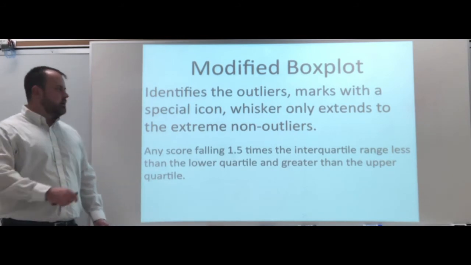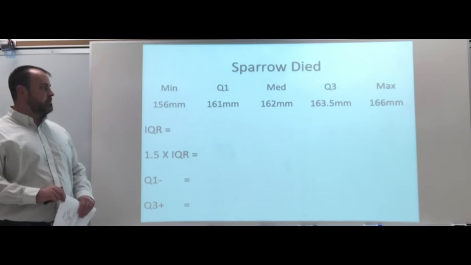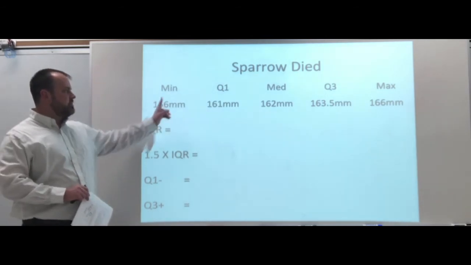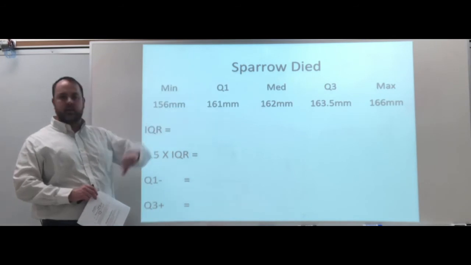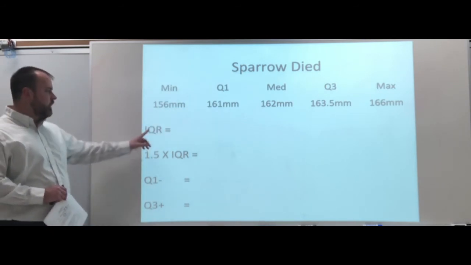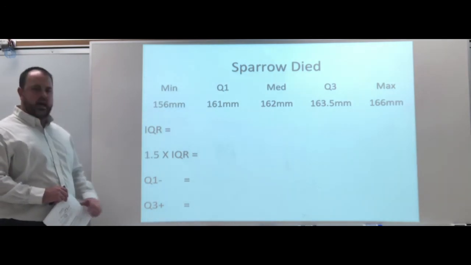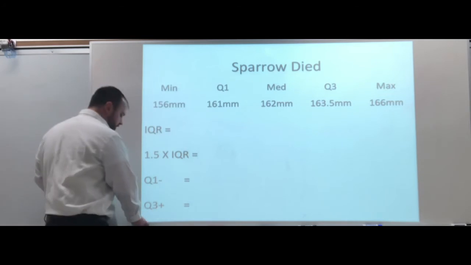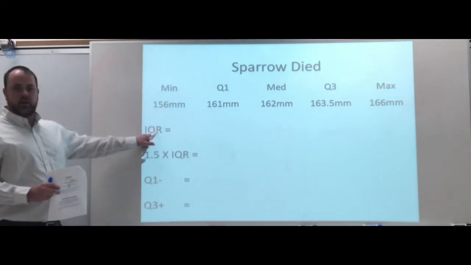So you're going to have a lower end and an upper end, and that's going to be your range for the outliers. Here's our data set for the sparrows that died. It has our 5-number summary up there: the min, quartile 1, median, quartile 3, and the max. And right here are the steps we're going to go through: inner quartile range, some multiplying, and then adding or subtracting. The first thing I want to do is the inner quartile range.